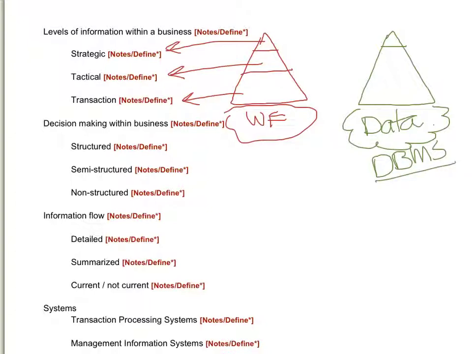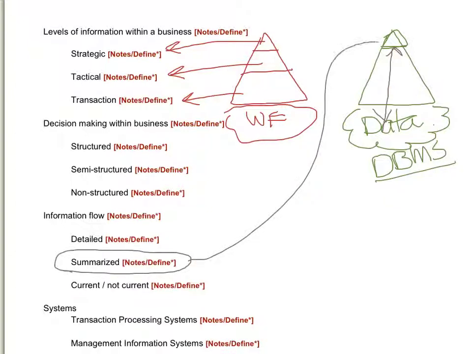So, a small chunk of information up here, a small chunk of information up here. Here's what happens. Some data is transformed into information. A lot of times it is summarized. Get it? Data is summarized so that this can be used by top level management to make strategic decisions.